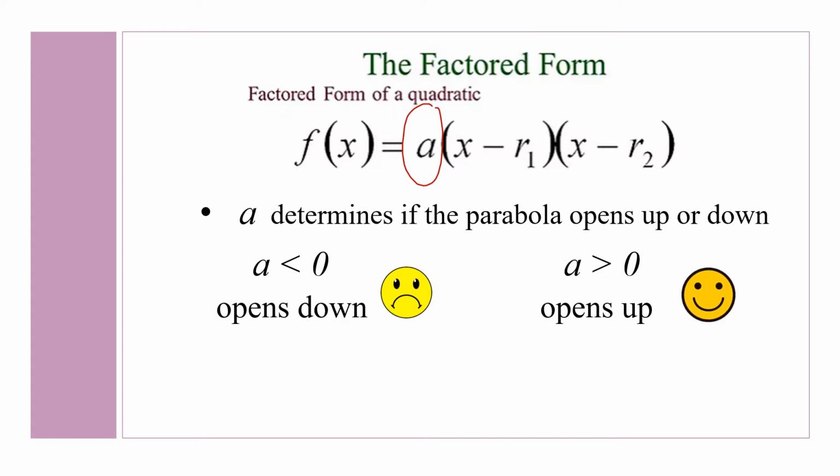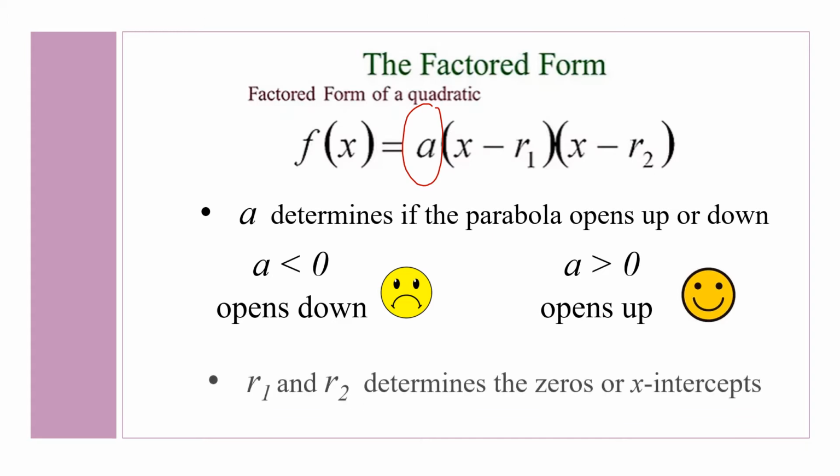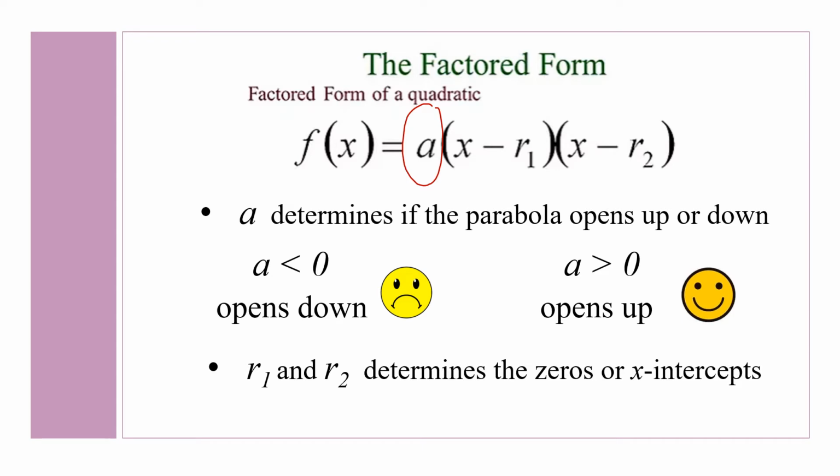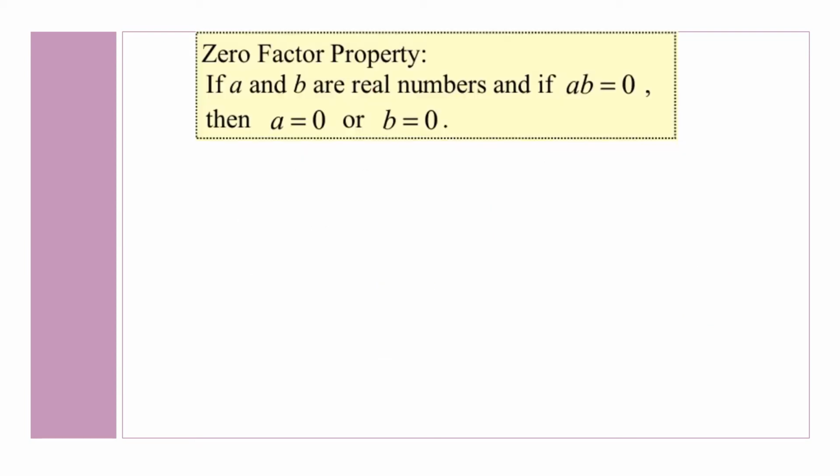The second thing that this form determines is what your zeros and your x-intercepts are going to be. So your zeros in this case are going to be your r sub 1 and your r sub 2. Zeros are also called the x-intercepts, where the graph crosses the x-axis.